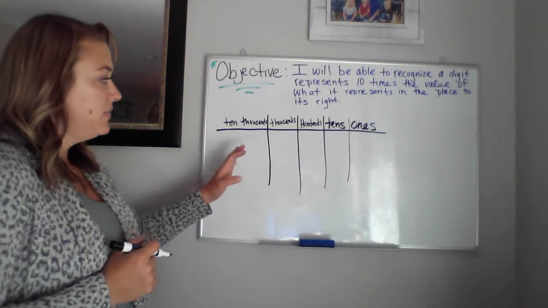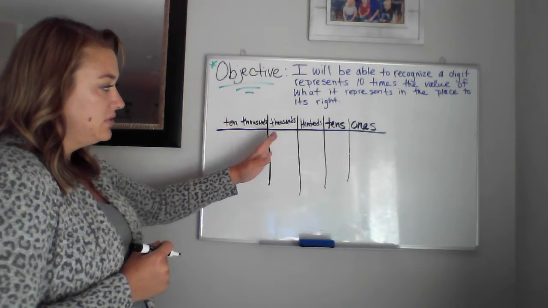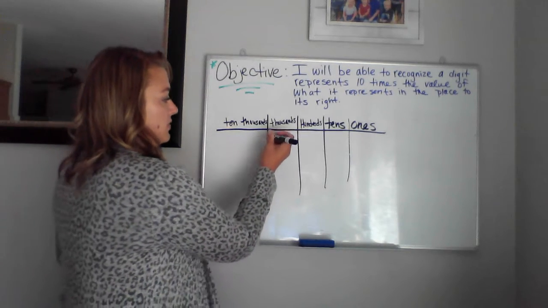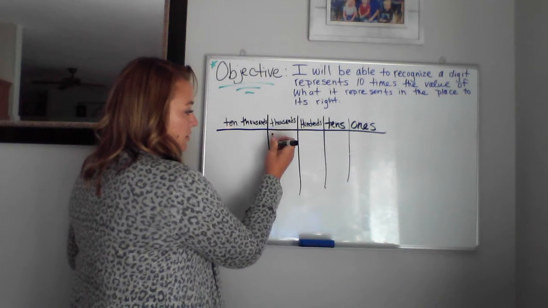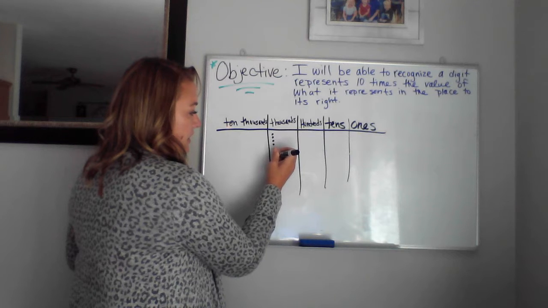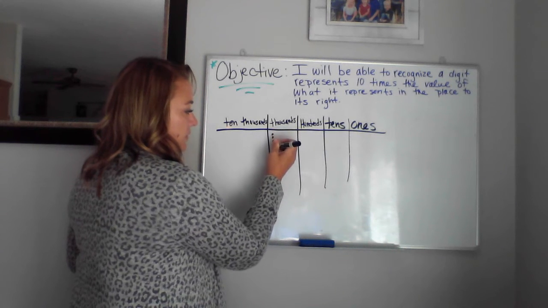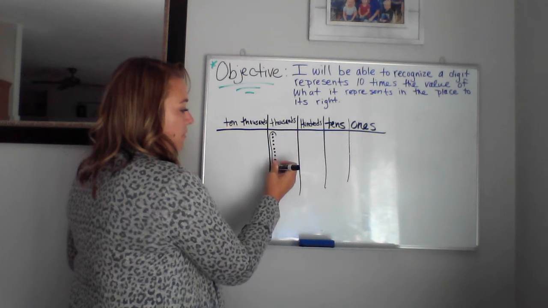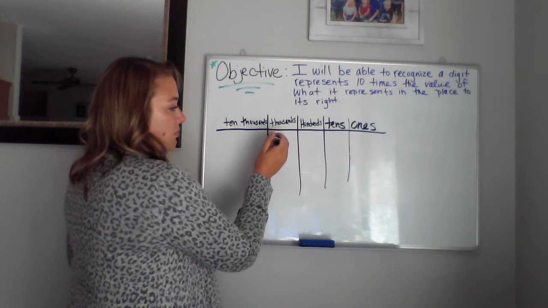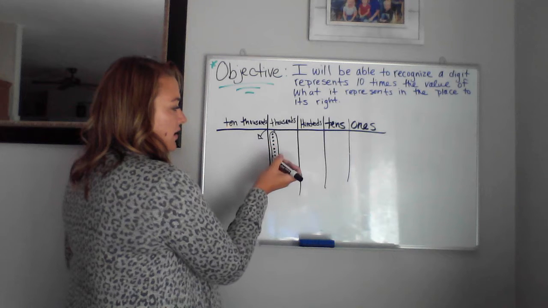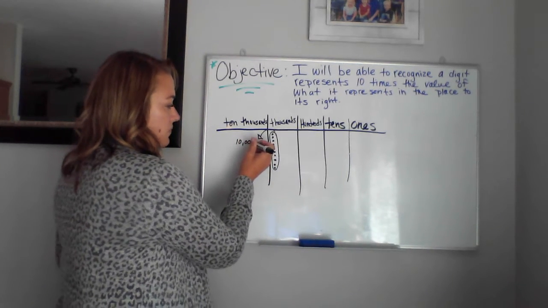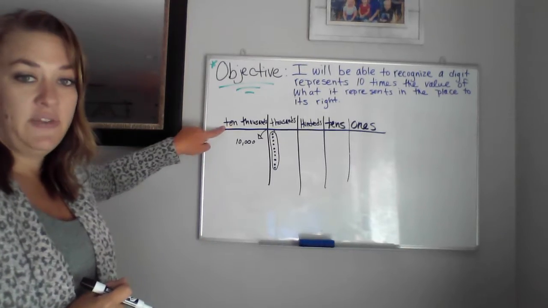Yesterday we didn't work with 10,000, so we're just going to do a little review. If I have 10 units in my thousands place, 1, 2, 3, 4, 5, 6, 7, 8, 9, 10, I can bundle that and move it to the left, and that's going to give me 1 of that unit.